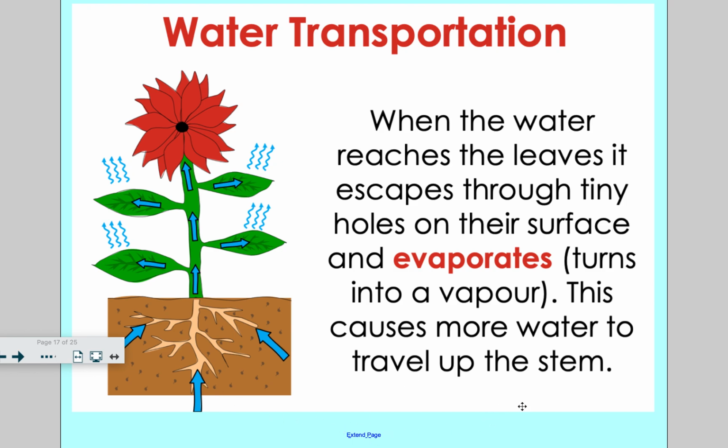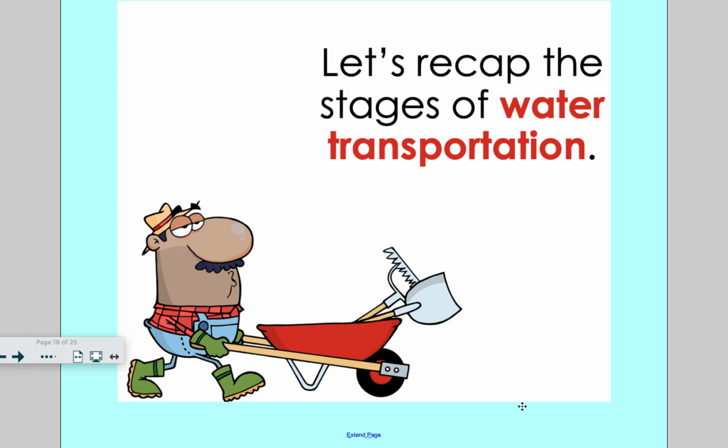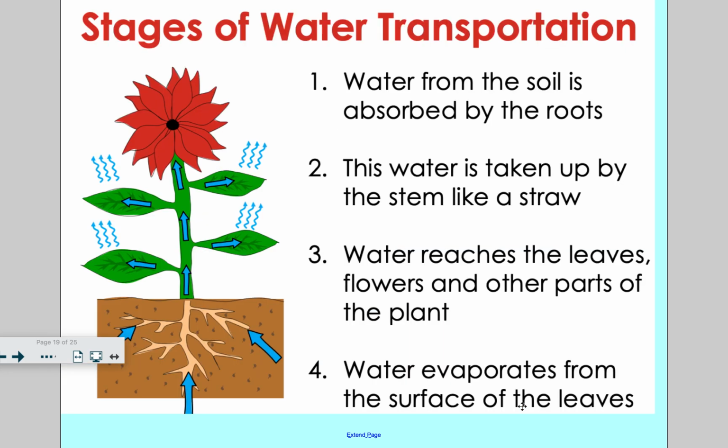Okie dokie. Right, now, let's recap these stages of water transportation. It's not overly complicated, but it is so important in your understanding of how plants work. So, number one, water from the soil is absorbed by the roots down here.